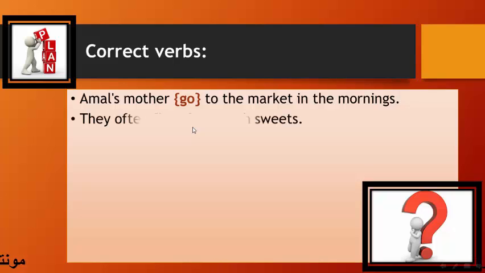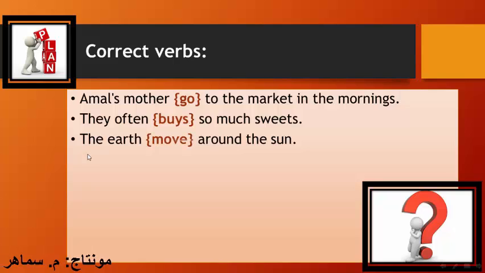You can answer it. They often buys. Is it correct to use the verb buys for a plural subject pronoun like they? The earth move around the sun. Move here is wrong. Why?